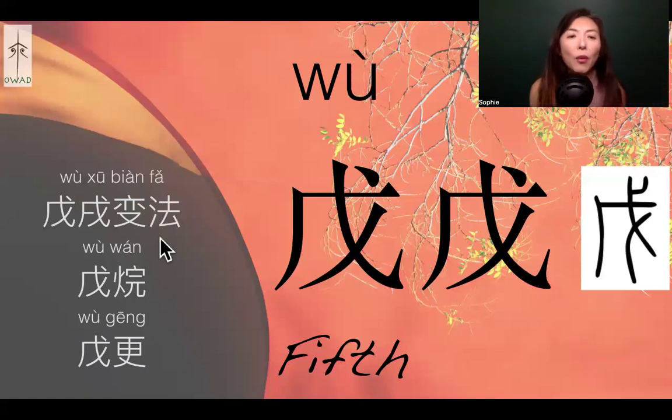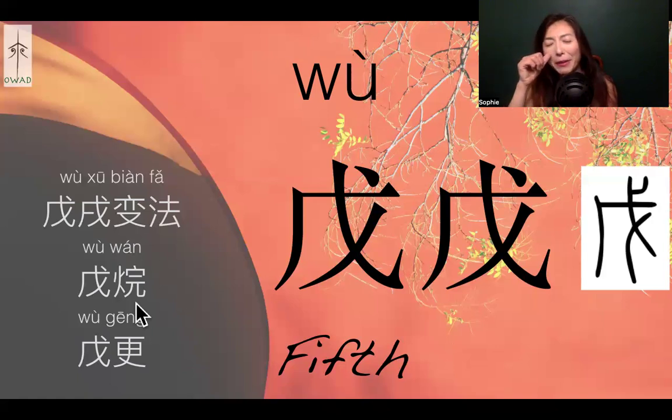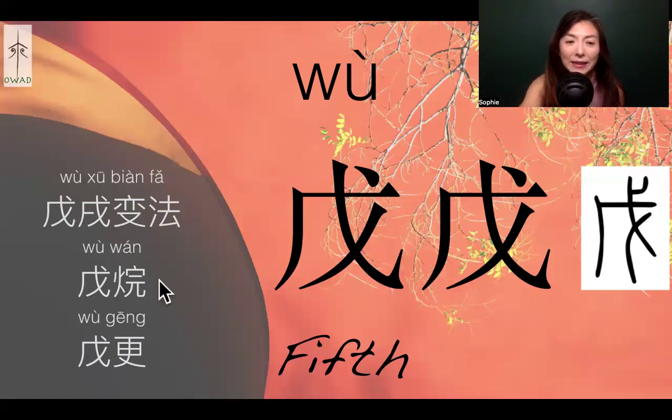Okay. 戊烷 is, because 戊 is fifth, right? So 戊烷 is pentane. I hope I pronounce it right. But it's one of the structures. This one signifies carbon. So 戊烷 means 5 carbons paired with hydrogens.